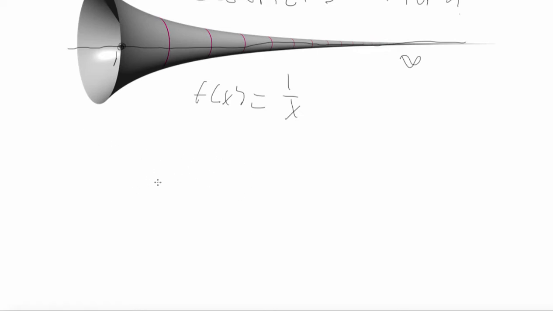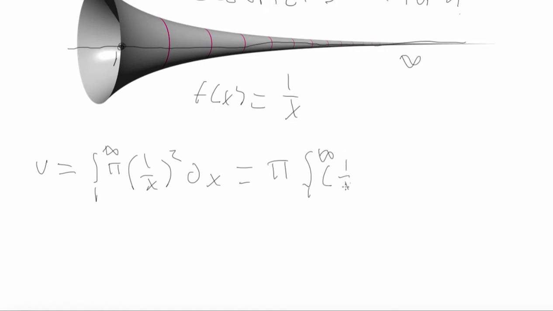And so using the disk method, the volume V is going to equal the integral from 1 to infinity of pi times 1 over x squared dx. So we can just bring the pi out front. So this is going to be equal to pi times the integral from 1 to infinity of 1 over x squared dx.